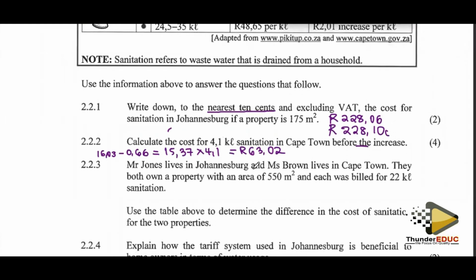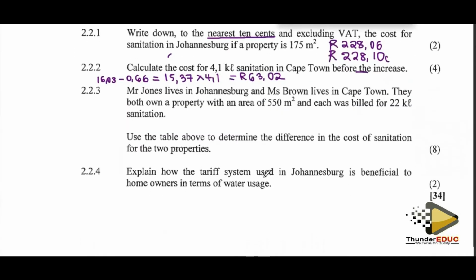Mr. Jones lives in Johannesburg, and Miss Brown lives in Cape Town. They both own property with an area of 550 meters squared, and each was built for 22 kiloliters sanitation. Use the table above to determine the difference in the costs of sanitation for the two properties.